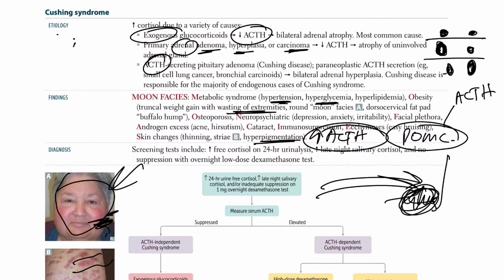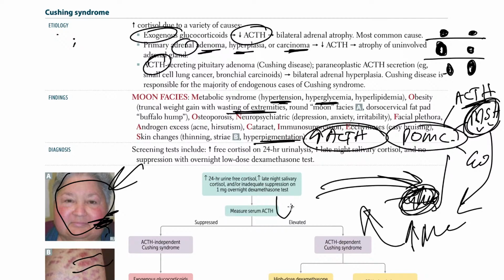And if you don't know what I'm talking about, then go back to, I guess, the second page. POMC gives rise to ACTH, MSH, which is your melanocyte stimulating hormone, and then you have the beta endorphins. But this MSH is going to cause an increase in melanin production that causes hyperpigmentation. And that is why you will see hyperpigmentation. Okay.